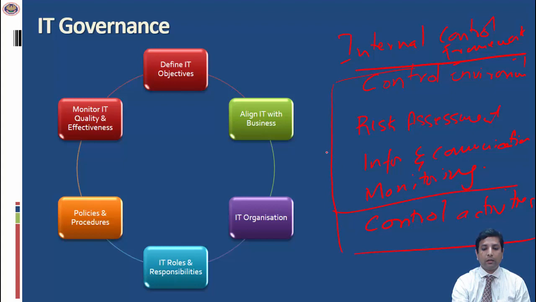And information and communication is the one where IT governance will be relevant. The information and communication component requires auditor to understand how businesses operate, what are the relevant systems being used in processing of business transactions, what are the risks and controls pertaining to the use of information systems and the underlying infrastructure, and what is the reliability of information generated from these information systems.